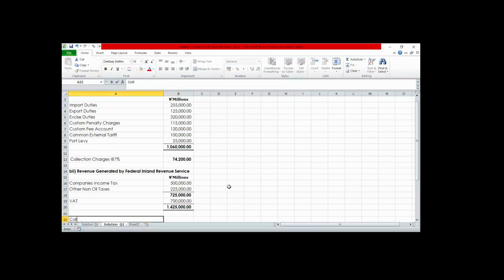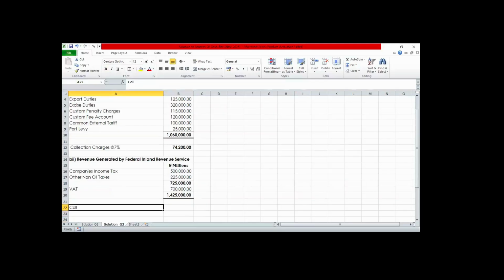Now, collection charges. Companies income tax collection charges and other non-oil taxes.